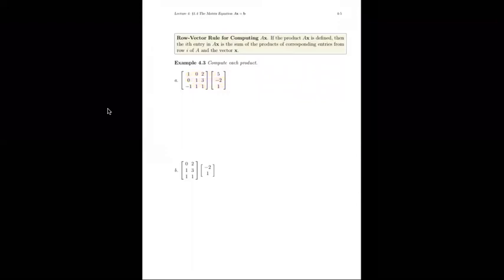We've got, if the product AX is defined, in other words, the dimensions match up correctly, we'll talk about that later, then the ith entry in the product AX is the sum of the products of corresponding entries from row i of A and vector X. So row i of A times the vector X, corresponding entries.